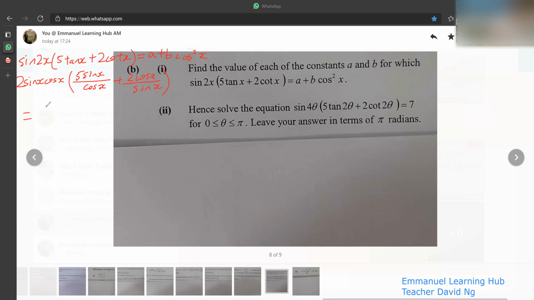So I multiply in, I have 10 sine square x plus 4 cos square x. Do you understand how I get this? Then after that, your sine square x is 1 minus cos square x.